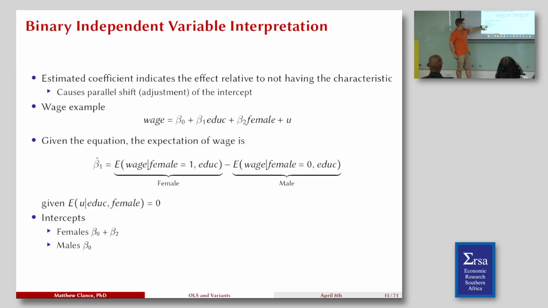We usually expect the expectation of the error term given the regressors to be zero, which tells us there's strict exogeneity: there's nothing that we're not controlling for. Remember, this is just an example. We know there's more affecting wages than just these two simple variables.